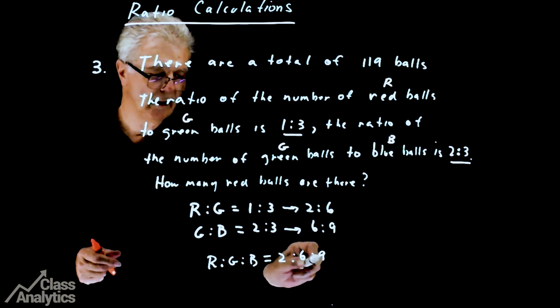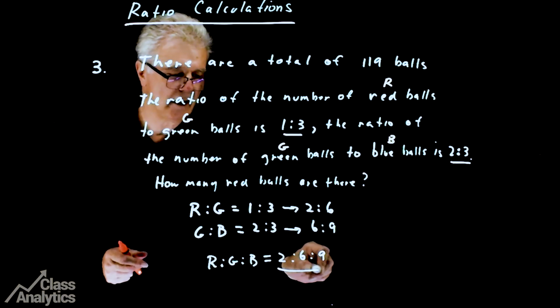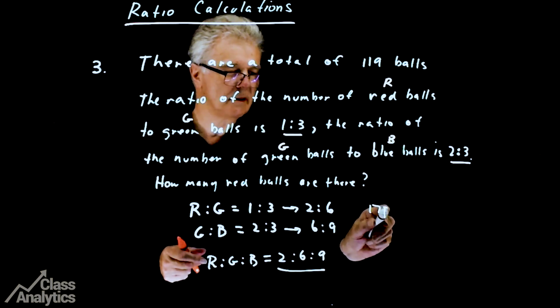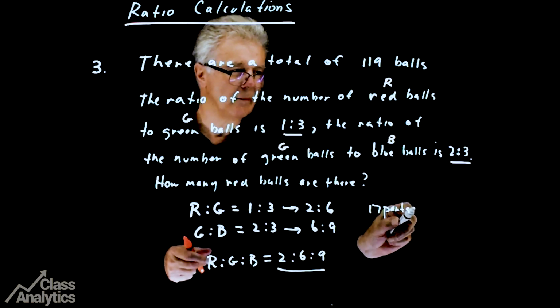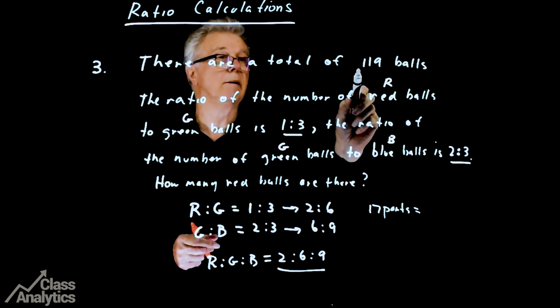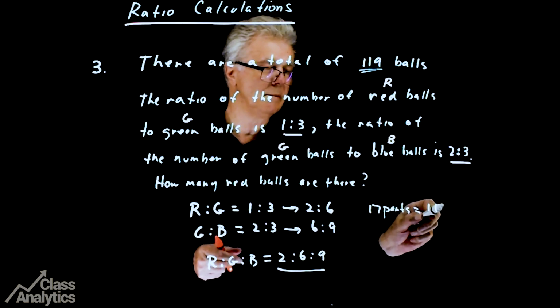The total number of parts here, when you add those up, is going to be 17. So 17 parts must equal, where was it? Here we go, 119.